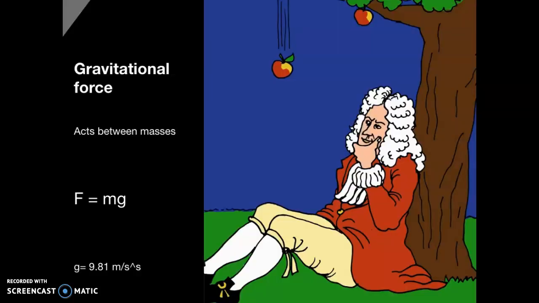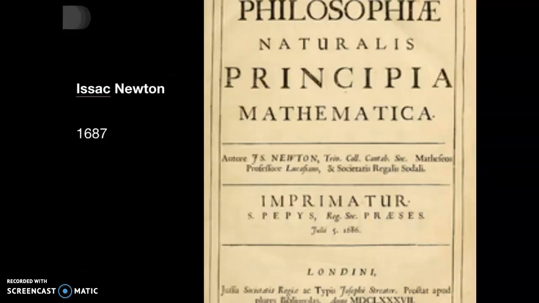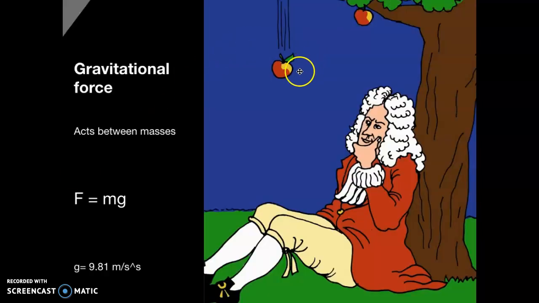Newton spent a lot of time thinking about this gravitational force, and is in fact responsible for quantifying it, for coming up with a relationship. In his Philosophiae Naturalis Principia Mathematica, which he released in 1687, he was the first to come up with a relationship for it, which moved away from the idea that gravity was a property of the material itself.